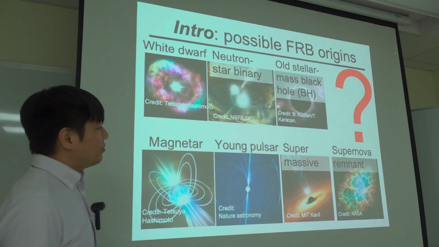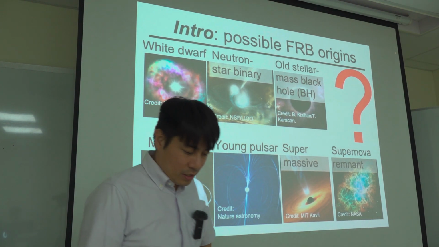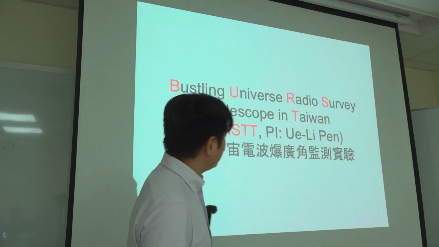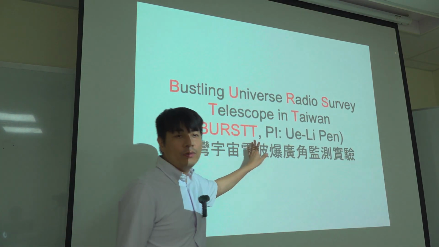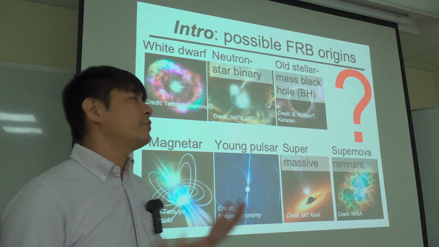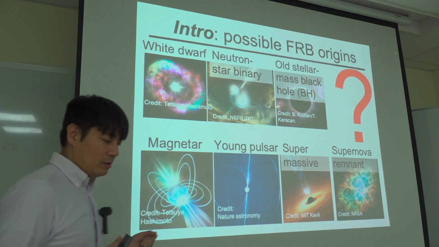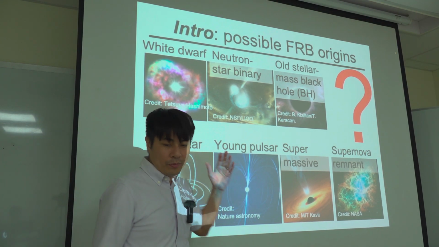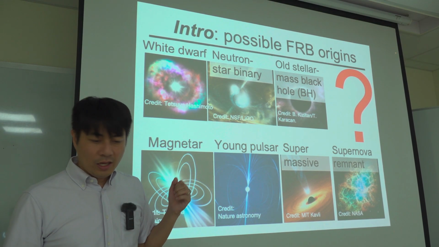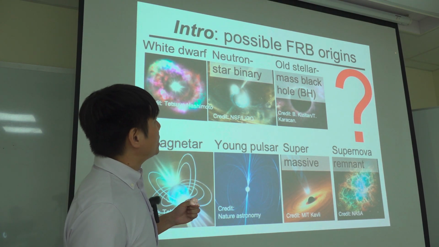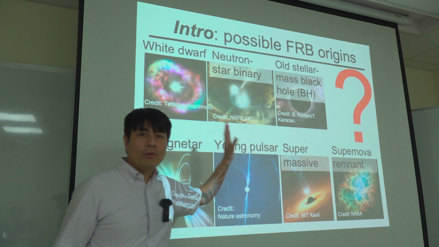So let me go back to the introduction. What do we want to do with this radio telescope? We want to observe FRBs, but what is the most specific major topic of the BURST telescope? This telescope is, I believe, very useful for understanding the origin of FRBs.